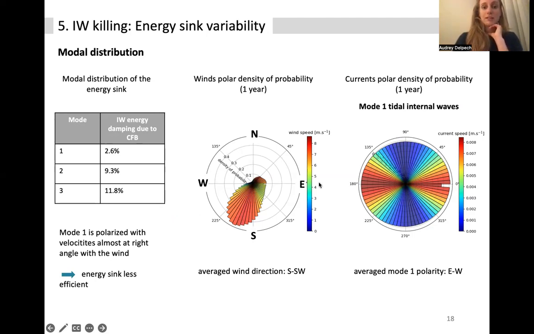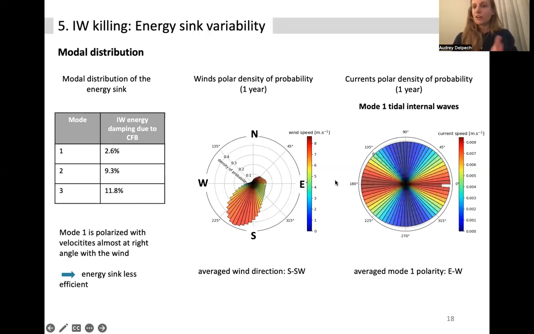What you can see here is that on average, the wind blows more constantly in the south-southwest direction, while for the currents, mode 1 is polarized in the east-west direction.